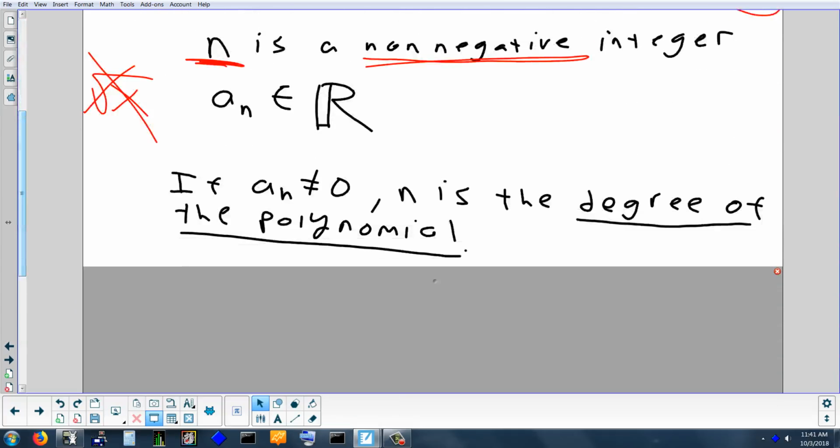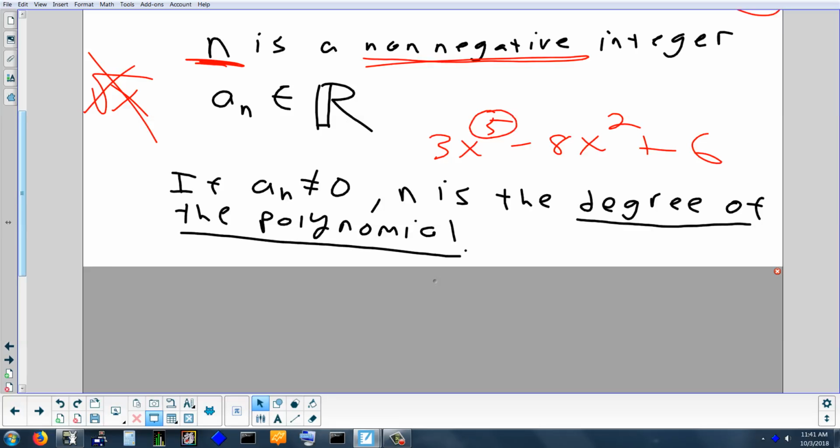So what we usually do is if you look at the highest term, okay, in this one I skipped a couple. I don't have a cubed term, I don't have a fourth power term. That's fine. But if you look at the first term, and you look at that exponent, which is what n is, the exponent tells you the degree of the polynomial.